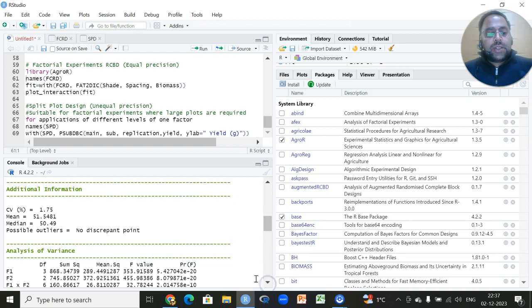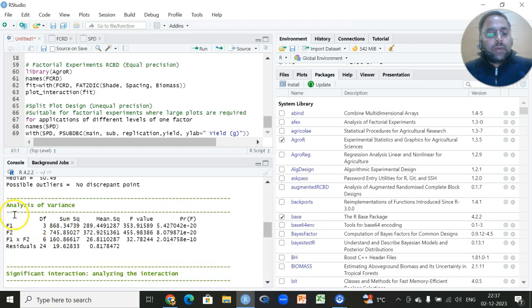We have additional information here, the overall coefficient of variation for our fitted model for this experimental design in a factorial setup. We have a general mean, then median, and there is no presence of outliers. Then we have a traditional analysis of variance table, where we can see the sources of variation for the first factor, second factor, and their interaction.